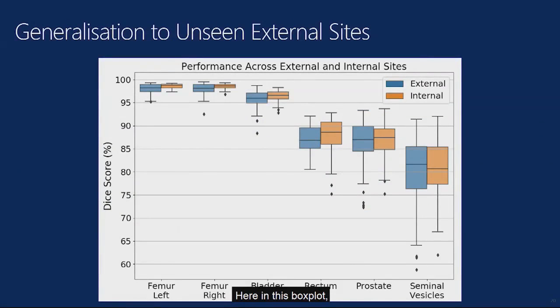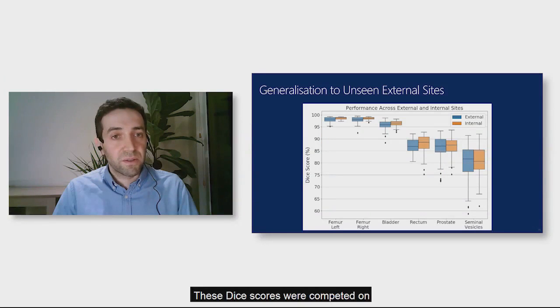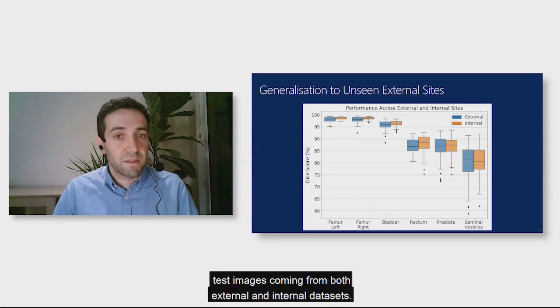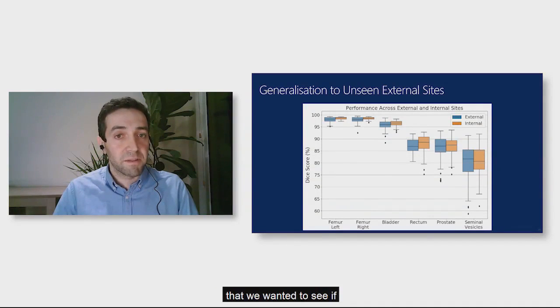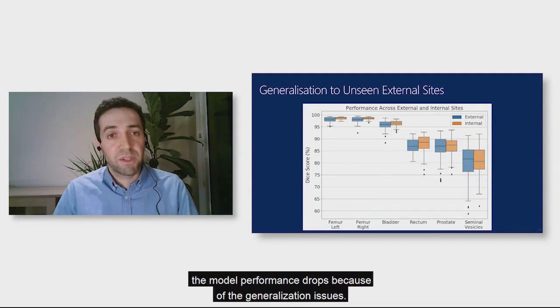Here in this box plot, we are seeing the results obtained using this DICE metric on 6 different structures on pelvis scans. And these DICE scores were computed on test images coming from both external and internal datasets. The reason why we performed this experiment was that we wanted to see if the model performance drops because of generalization issues.